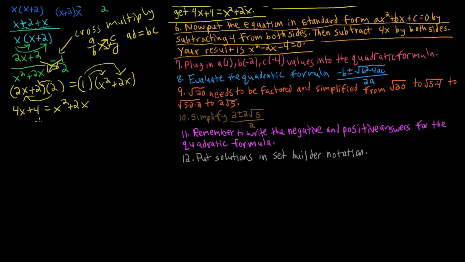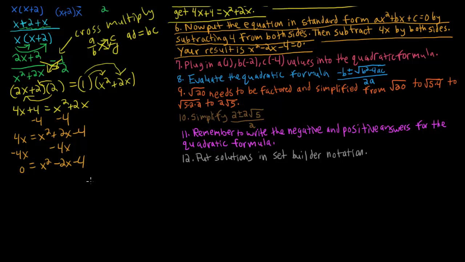So to do this, we can start by subtracting 4 from both sides. So you end up with 4x equals x squared plus 2x minus 4. And then we want to subtract 4x from both sides to get 0 on its own. So you have 0 equals x squared minus 4x plus 2x, which is just negative 2x, minus 4.